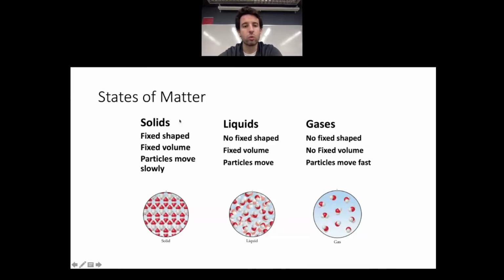So what these words are trying to tell you here is that solids are very, very close to each other in terms of their particles. And then we see that with the actual shape of a solid. Right? A solid has a fixed shape. You can't really move it or anything like that. Solids also have a fixed volume.